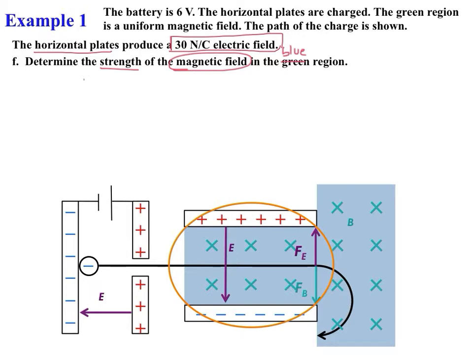So if I know the speed that it's moving at when it leaves the first set of plates, then I can use this equation to help me solve for the strength of the magnetic field. So that it's 30 Newton per Coulomb. And again, the speed it had at the beginning was 1.45 times 10 to the 6th meters per second. And we get a strength of about 2.07 times 10 to the negative 5 Tesla.